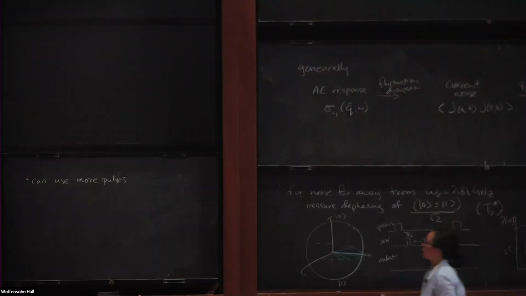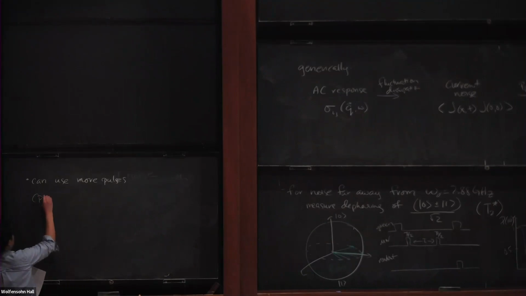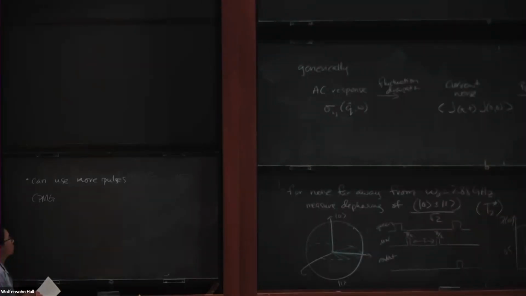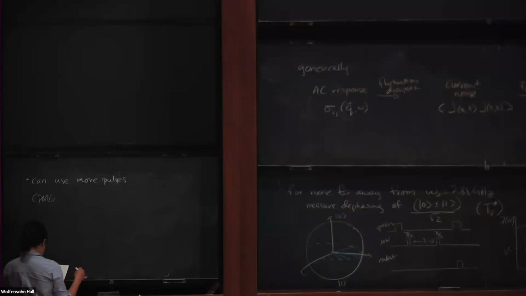More generically, all of these pulse sequences are named after, for some reason, two to five people, so you just get these very long acronyms. CPMG is Carr, Purcell, Meiboom, Gill, I think. But they get weird, there's one that's called something like WAHUHA. Anyway, there's a lot of pulse sequences that cancel out different dynamics.